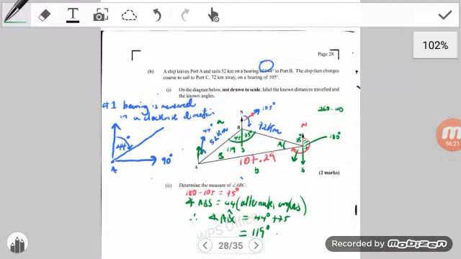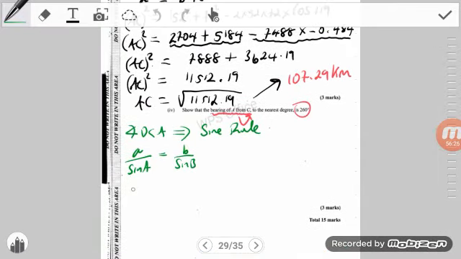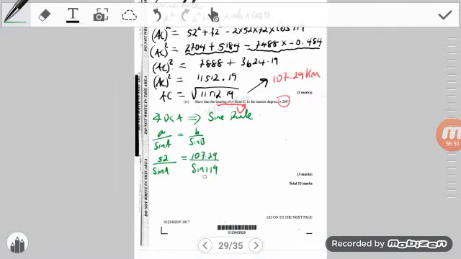All right, so let's see here. So little a is 52. The angle that is facing little a is, let's call it sine A. Little b is, we just found it to be 107.29, and the angle that was facing the 107.29 was 119 degrees. So I can work something out here.